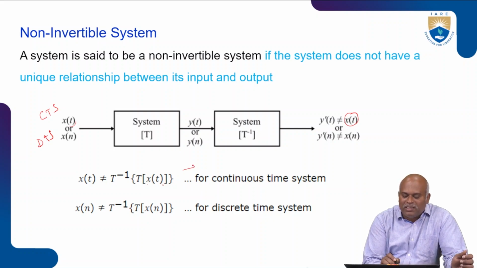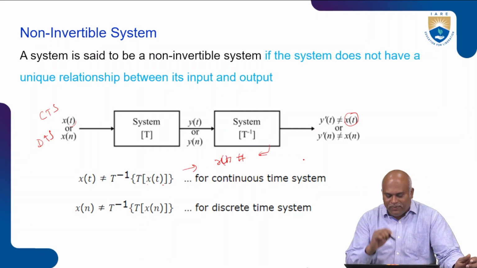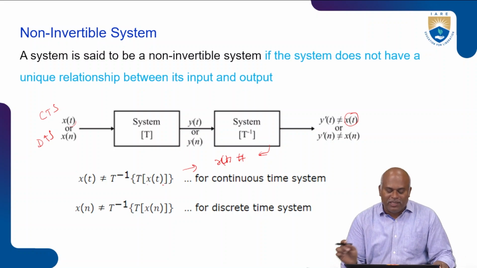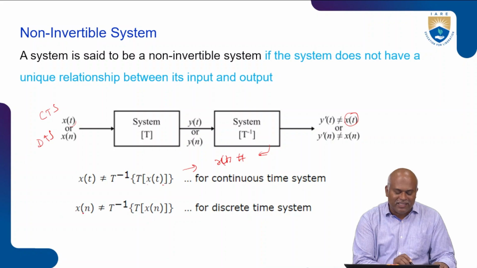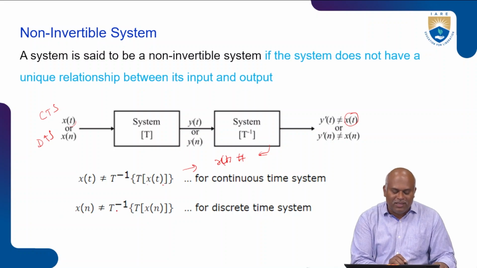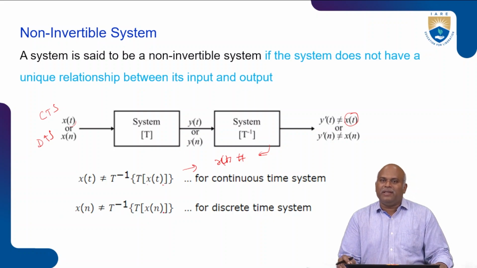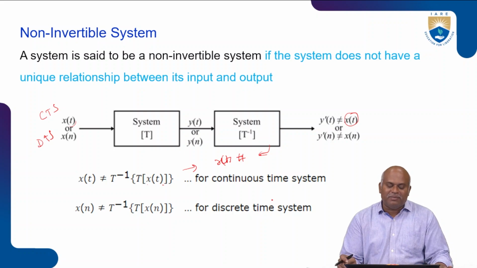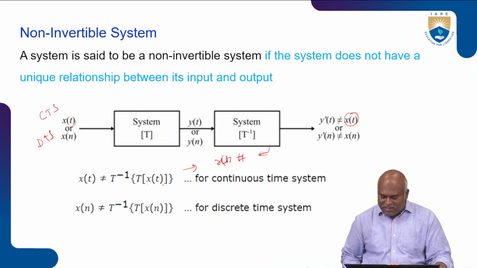So it is called a continuous time non-invertible system. For the discrete case, x of n is not equal to T inverse of T of x of n. This system is represented as a non-invertible system of discrete time signal.